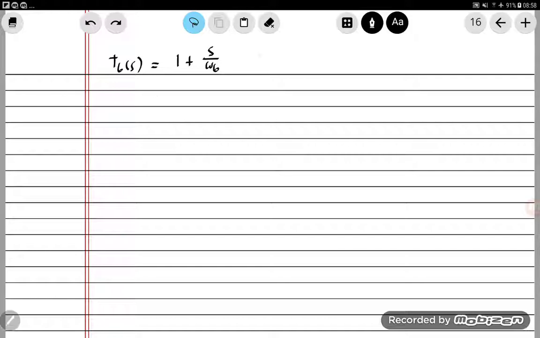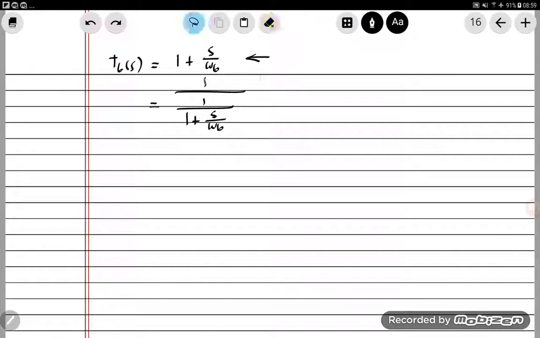Okay, to draw the Bode plots of this transfer function, we can rewrite this as 1 over 1 plus S over omega B. And again, because we're plotting in the log domain, what we can do is subtract the magnitude and phase of that Bode plot from the Bode plots of the magnitude and phase of the constant.